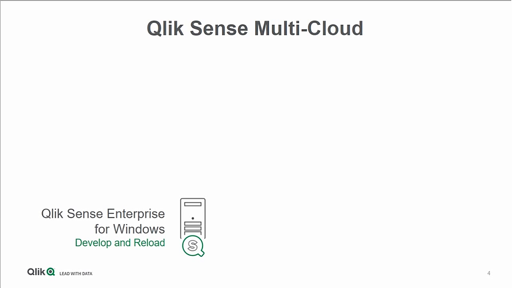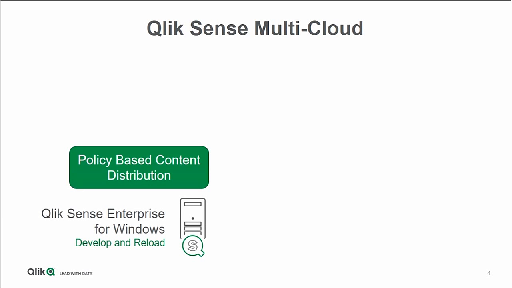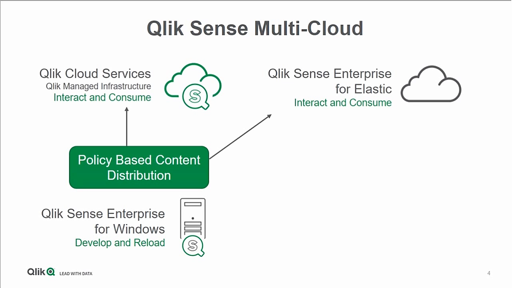With current builds of the product, you are primarily using both Qlik Elastic and eventually Qlik Cloud Services as places to distribute your apps based on set applications and analytics distribution rules. And so these are the same security rules engine that we currently use in QlikSense. It's just a different set of policies that apply to these resources. So QlikSense Cloud and QlikSense Enterprise for Elastic.